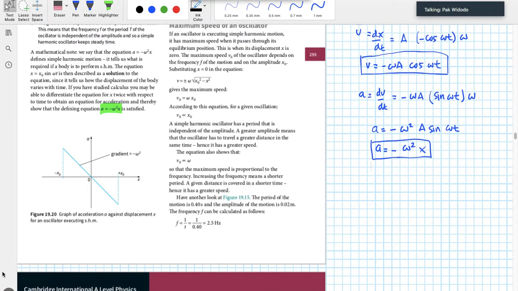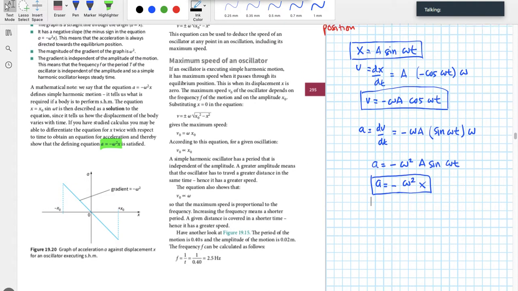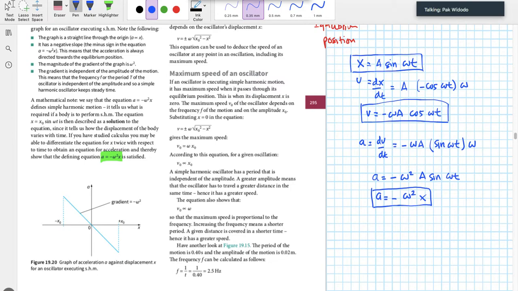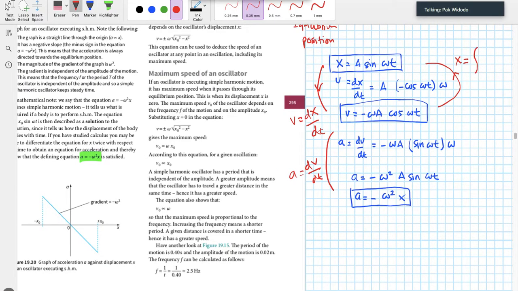We differentiate: v equals dx over dt, and then acceleration equals dv over dt. And in reverse, x equals the integral of v dt.